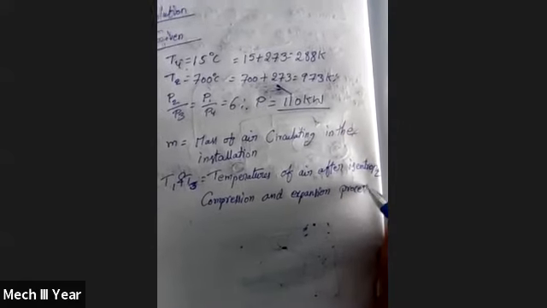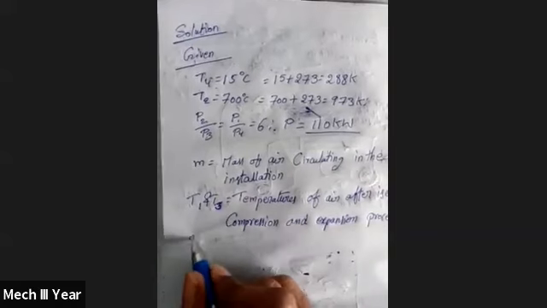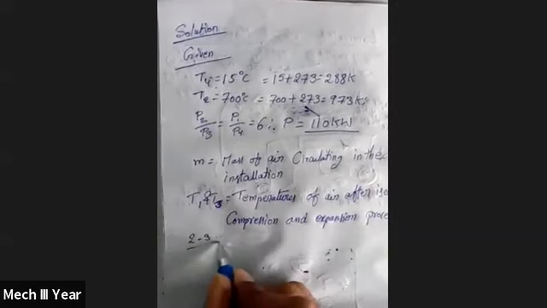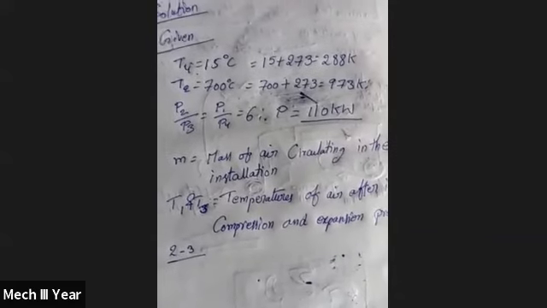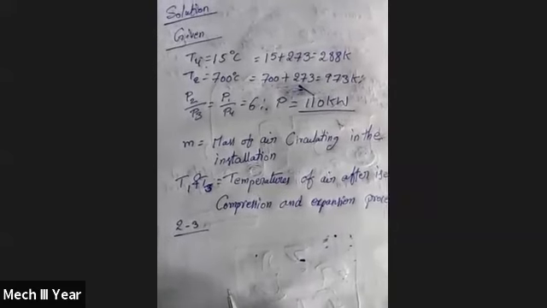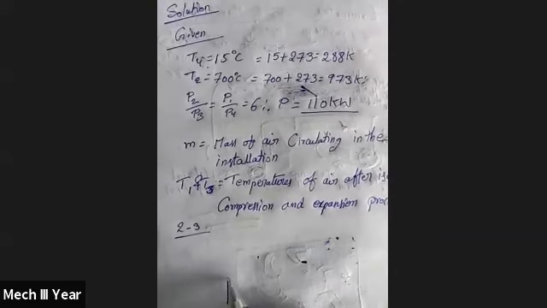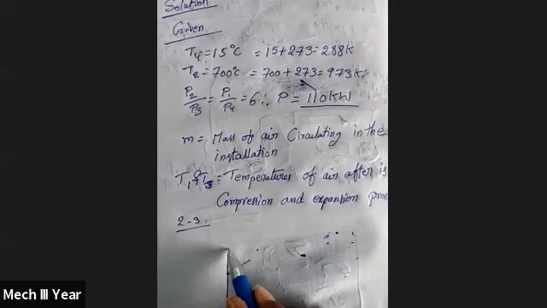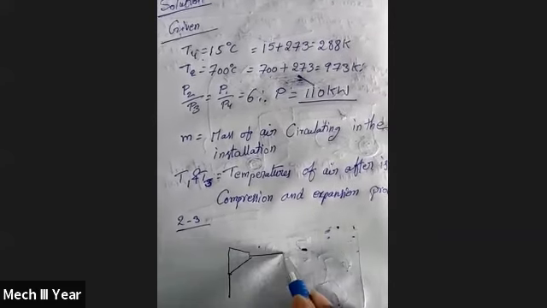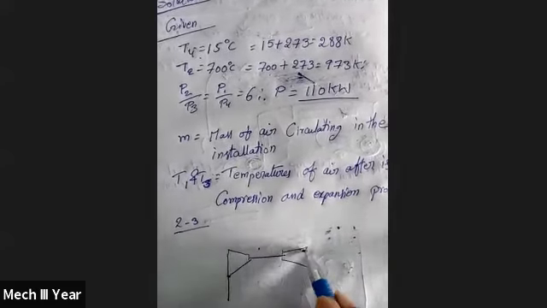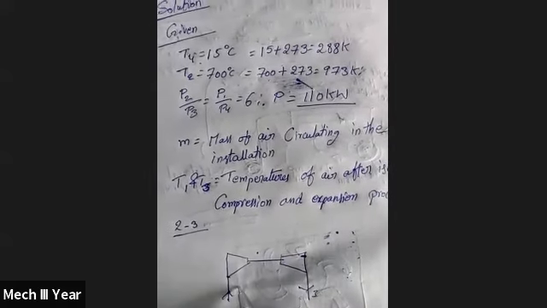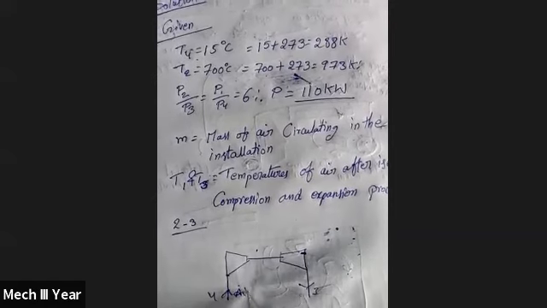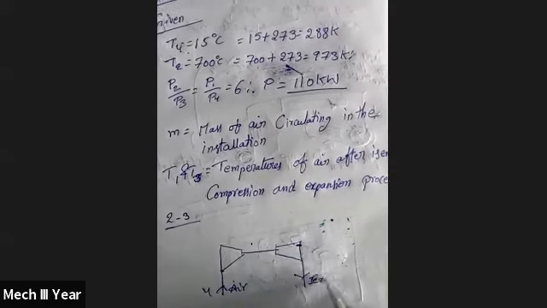Process, that means here 2 to 3. So 2 to 3 means here we are going to take the cycle. This is an open gas turbine cycle. This is 3, this is 4, the outlet of air, exhaust air.